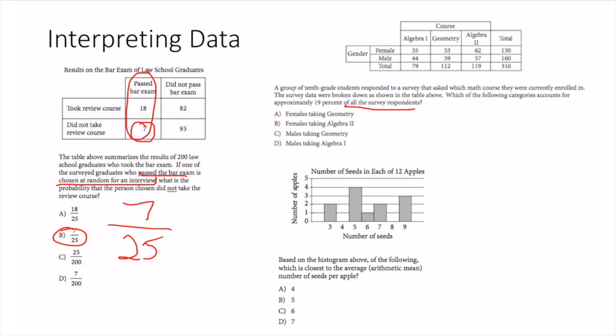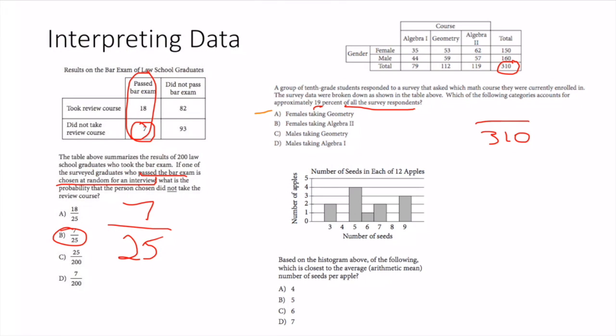So now I'm going to compare to everyone. So 310 people. There's two ways to do this question. It gives me the category, and I want to know which one is 19%. So what I can do is say A is orange.